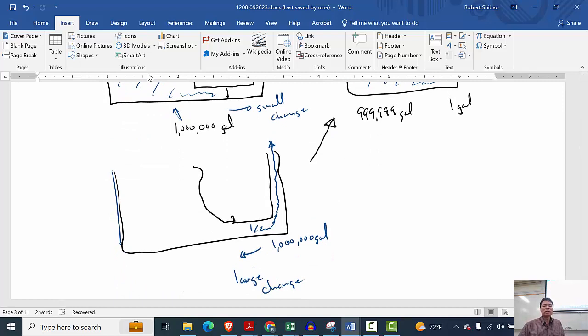The problem with large changes is round-off error. So what was the percent change here? So that's 1 divided by 1 million, times 100. I should be able to do this in my head, but sometimes. Actually, this would have been easy to do. This is a 1 times 10 to the minus 4% change.